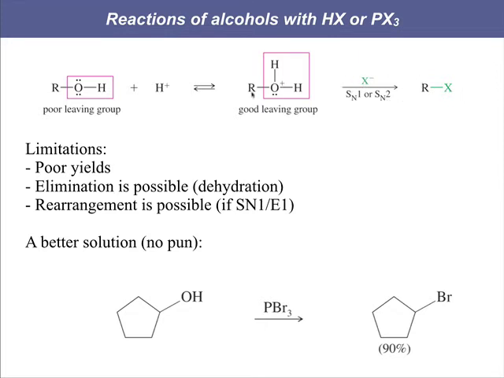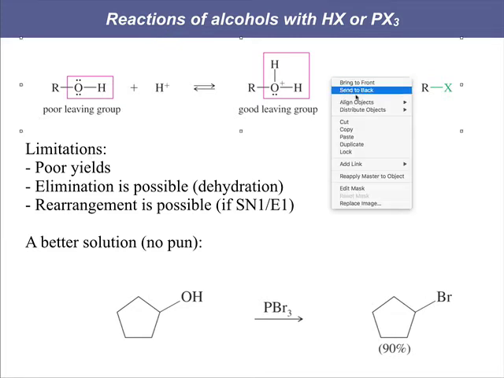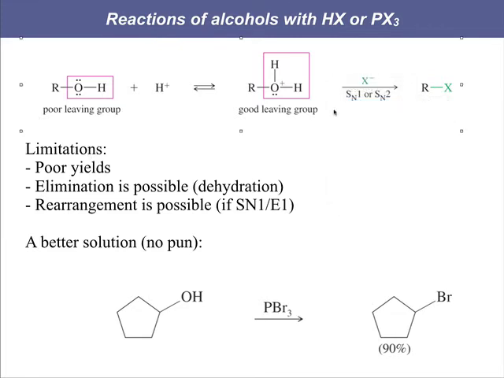But there are some limitations to something like this. You get poor yields, first of all. Secondly, anytime you do an SN1 or an SN2, you have a nucleophile that is susceptible to also acting as a base and getting you elimination products. You can also get rearrangements. If you go through an SN1 pathway, or hopefully not an E1 pathway, you might get rearrangements by moving your carbocation around by hydride shifts or methyl shifts or ring shifts or resonance or something like that.